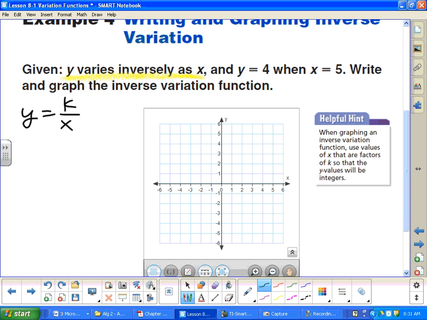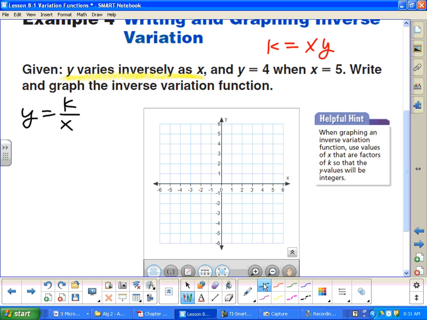Well, how do I find k then? If y equals k over x, then to find k, we multiply x and y together when it's inverse variation. When it's direct variation, we divide them. When it's inverse variation, we multiply them to get k.